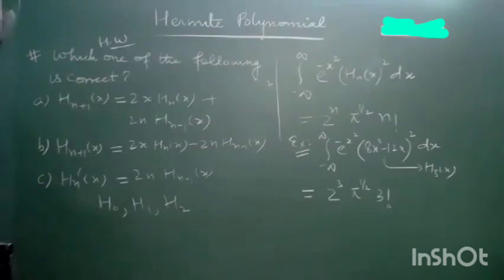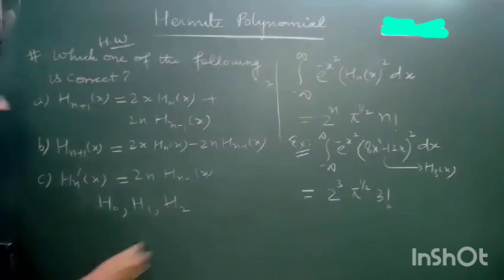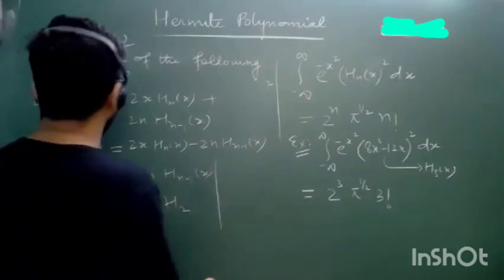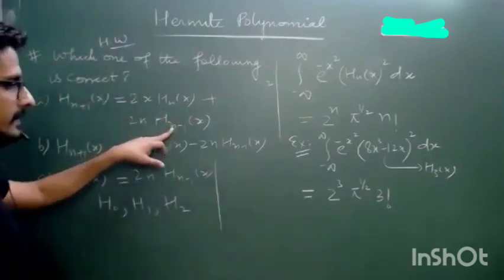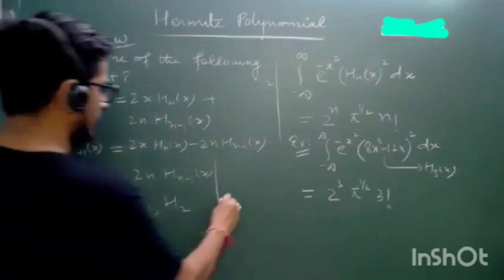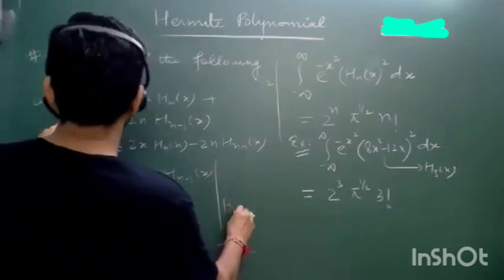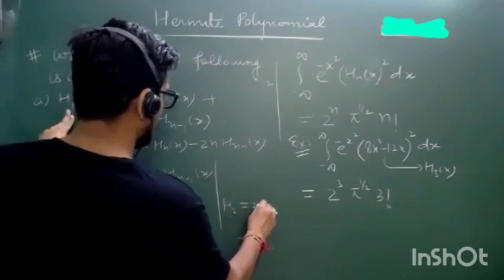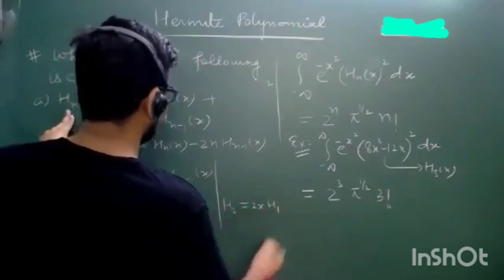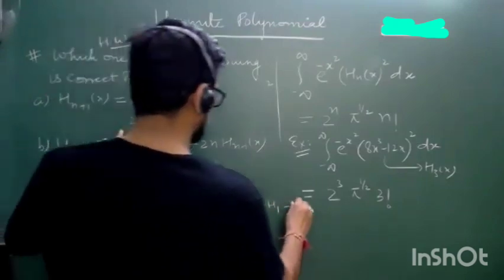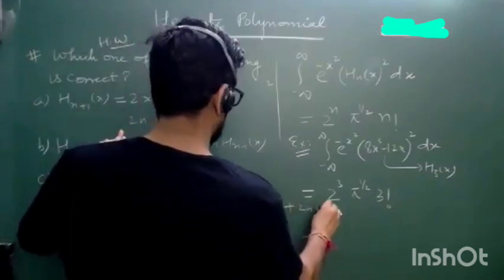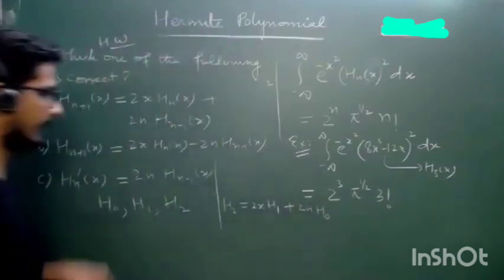The first is incorrect. So let us check that. If I take the value of n is equal to 1, what will happen? H2 is equal to 2x H1 plus 2n H0. Sir, also correct.